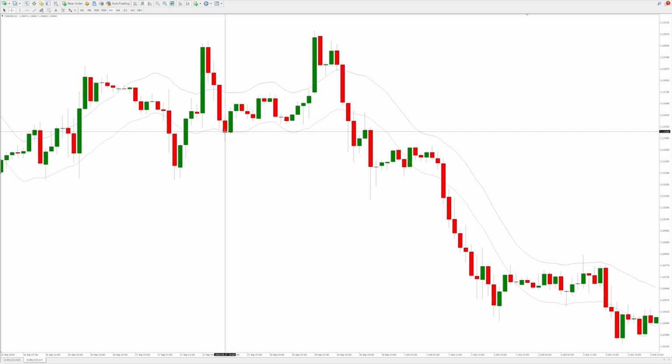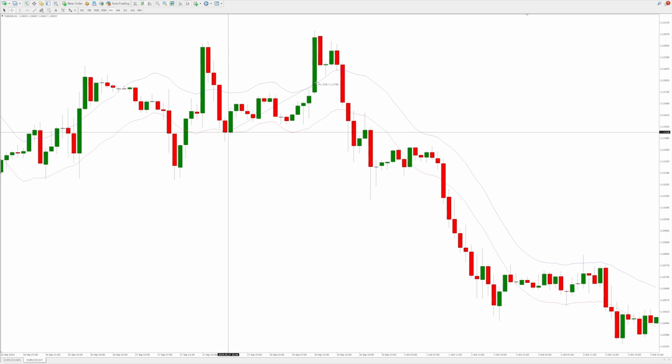Okay, so if we look at this example of trading a reversal based on the envelopes, and you were to enter long when price went below the lower envelope, this would have been a good trade had you placed your stop loss around this support level here, 20 pips. You can see the price went up over 50 pips.